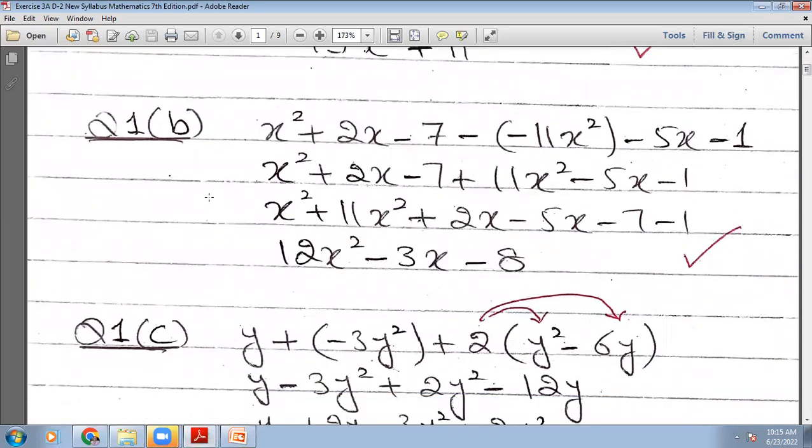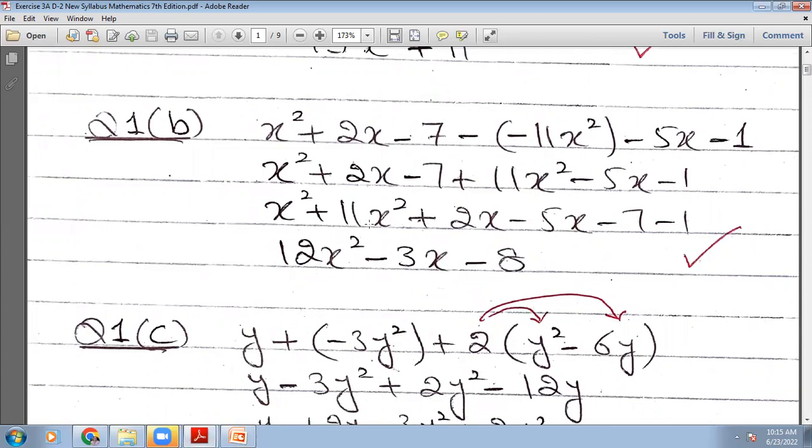We will bring the terms which have x squared together, which have x together, and the constants together. So it will become x squared plus 2x minus 7. This minus minus will multiply with each other. It will become plus 11x squared minus 5x minus 1. x squared plus 11x squared plus 2x minus 5x minus 7 minus 1.